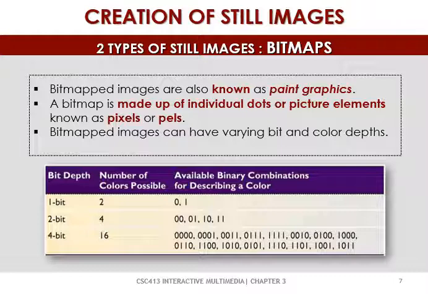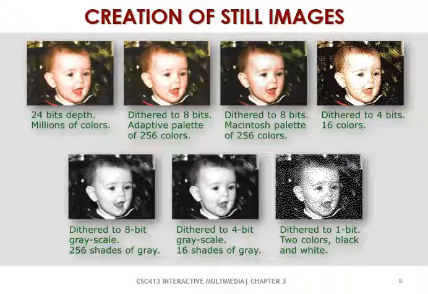For example, 1 bit has 2 colors, so the available binary combinations for describing a color are 0 and 1. With 2 bits, the possible colors are 4, and 4 bits gives 16 colors. These are all the combinations of color in binary.